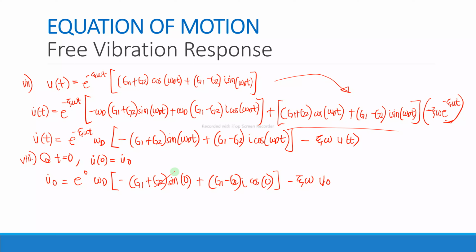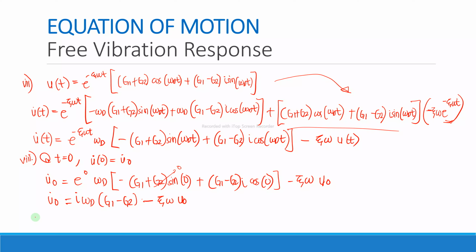Sine 0 is already 0. Now we are left that u dot naught is equal to i ωd times g1 minus g2 minus ζω u naught.